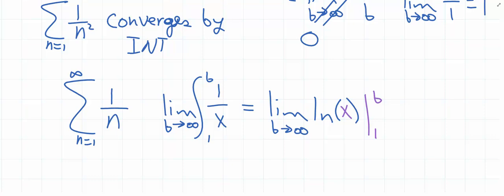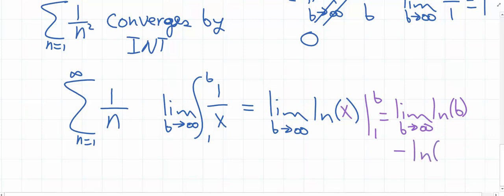Now, if you go ahead and evaluate this, the limit as b goes to infinity of log b minus log 1, you see that definitely diverges. Because log b blows up. It goes to infinity as b goes to infinity. It gets there slowly, but it goes, right? So this diverges.